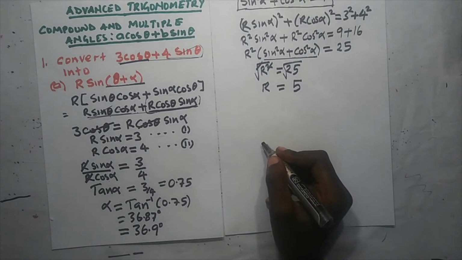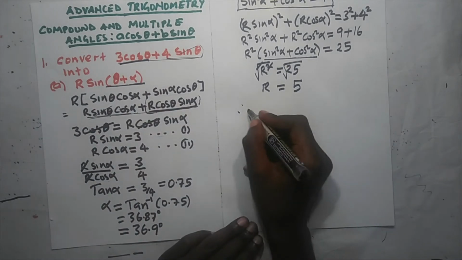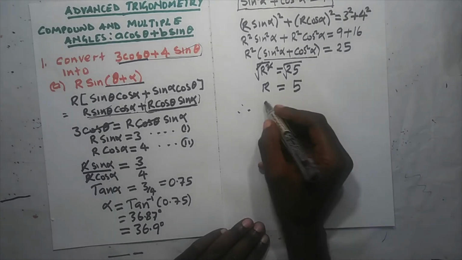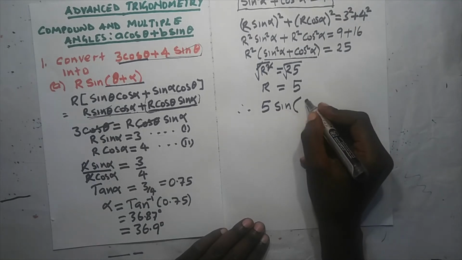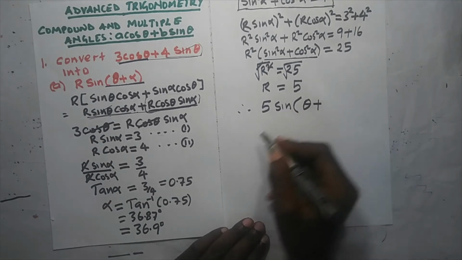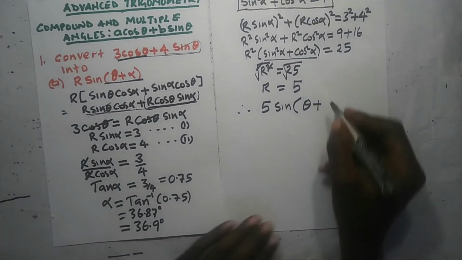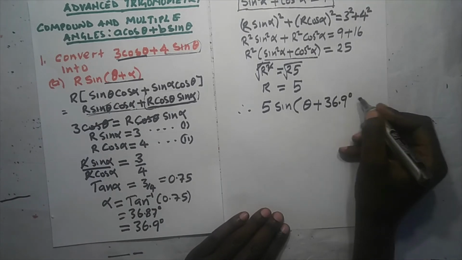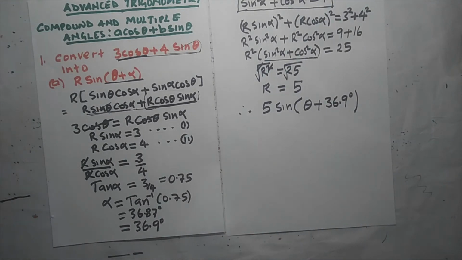And so now, since the question says convert this into R sine theta plus alpha, our conversion is going to be 5 sine, and then theta plus the alpha, which is the angle that we found here, 36.9 degrees.